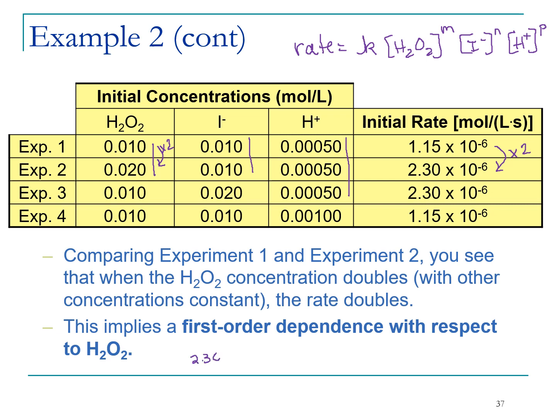So 2.30 times 10 to the minus 6 over 1.15 times 10 to the minus 6 equals the concentration 2 over 1. We have to raise it to the M power. And because the I negative is constant and the H plus is constant, we can ignore it. And also the K is constant. So what we're doing is just finding out what M is to make this true. Again, this is 2. This is 2. So M has to be 1.